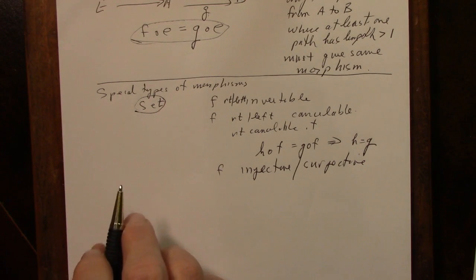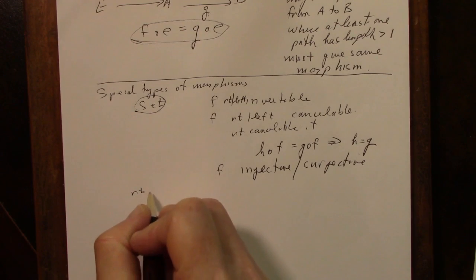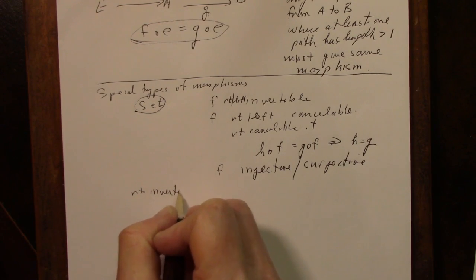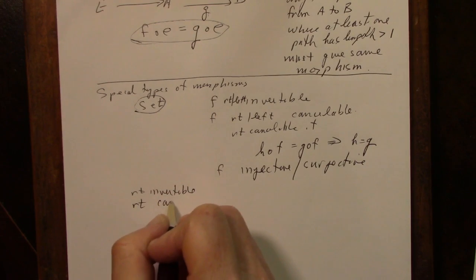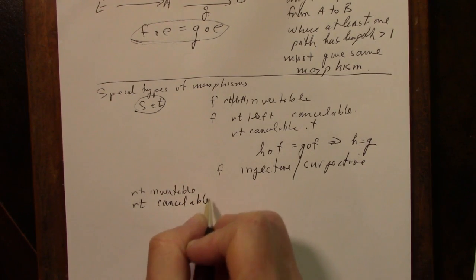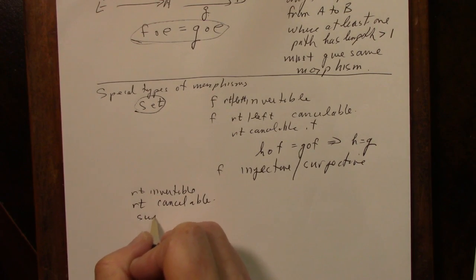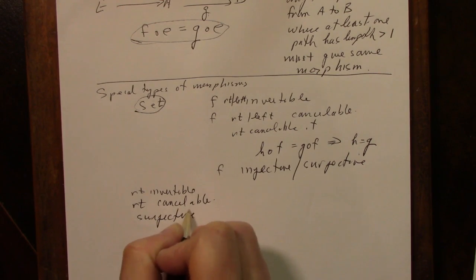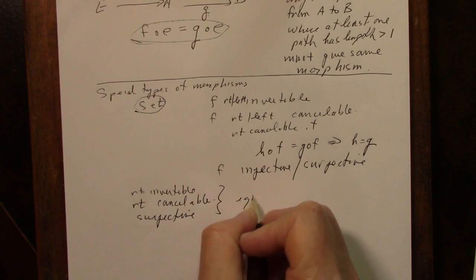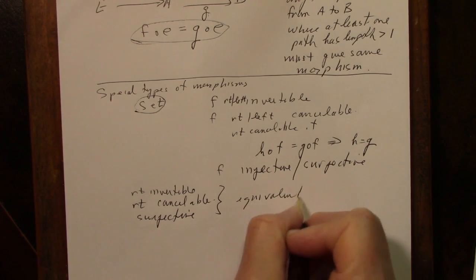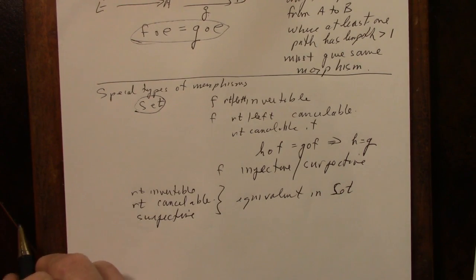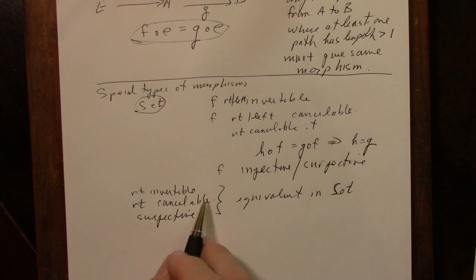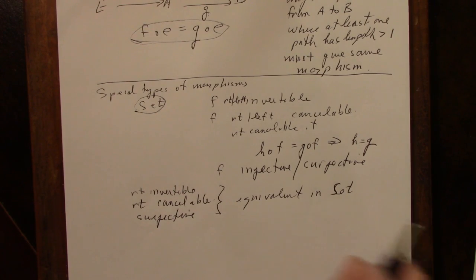Right invertible, right cancelable, and surjective are all equivalent in the category Set. And left invertible, left cancelable, and injective are equivalent concepts in this category.